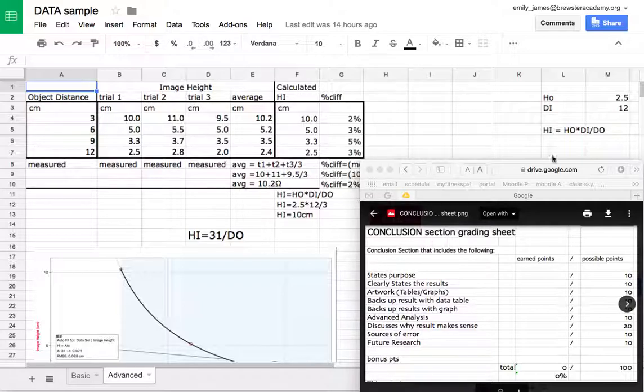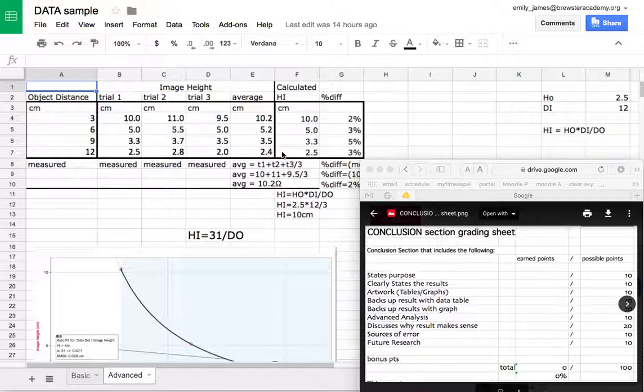We want to make sure that somewhere, either in the written or in the screencast, we show the data tables and the graphs. And then we want to analyze those data tables and graphs to help support what we said was the result. So in terms of using the data table, I want you to quote specific numbers from the data table, and then connect those numbers back to the result.